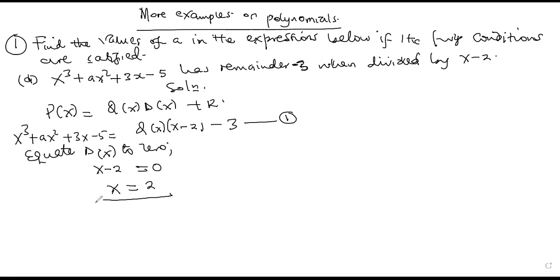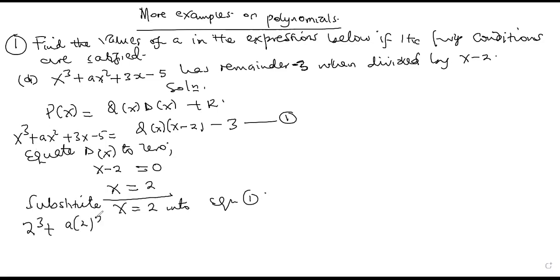So if we substitute x is equal to 2 into equation 1, we shall have 2 cubed plus a into 2 squared plus 3 into 2 minus 5 is equal to, the moment you put that 2, it will be 2 minus 2, which is 0, so the whole of this becomes 0, so it is equal to -3.